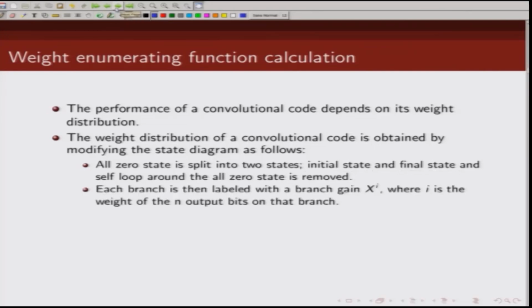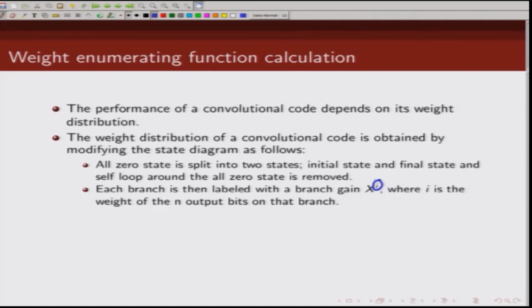Next, each branch linking one state to another state will be labeled by the output weight of the code words. We are going to denote it by x raised to the power I, where I is the weight of the coded bits.